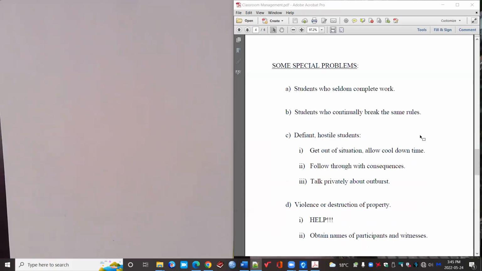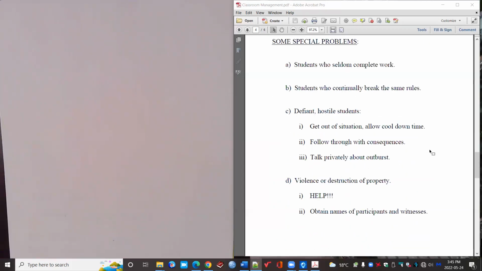Now, some special problems. What about students who seldom complete work? You try to enforce established consequences for incomplete work. And students who continually break the same rules? How do you handle that?